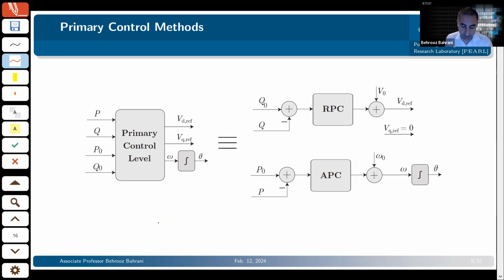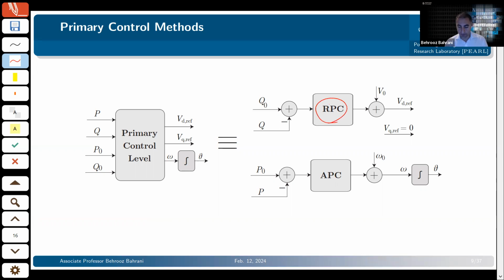When I say decoupled system, we assume that we are operating in a transmission network, for example, in which we've got a very inductive grid. That means our reactive power is proportional to the magnitude of the voltage, and our real power is proportional to frequency. So we can have two separate SISO loops, single input, single output loops.